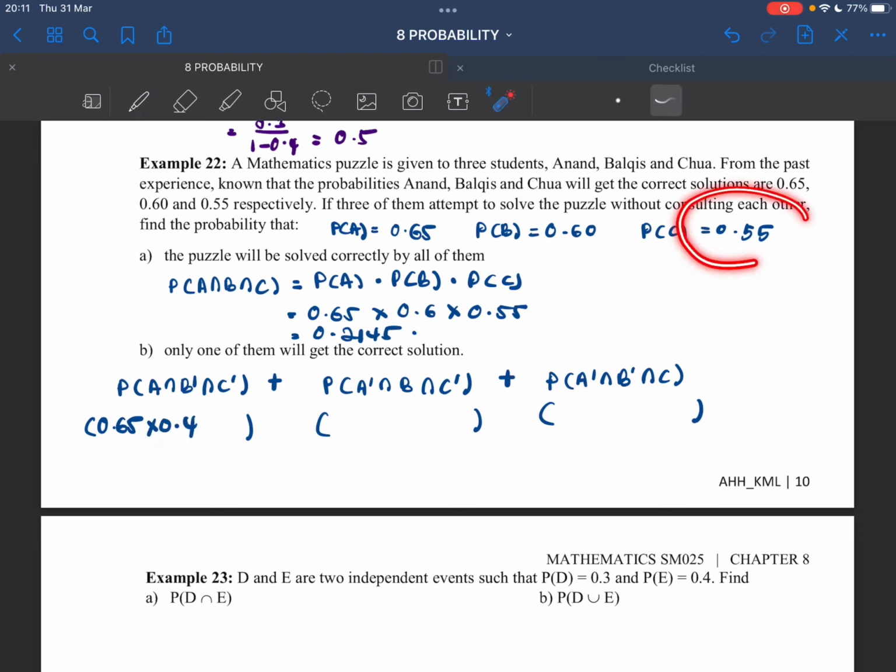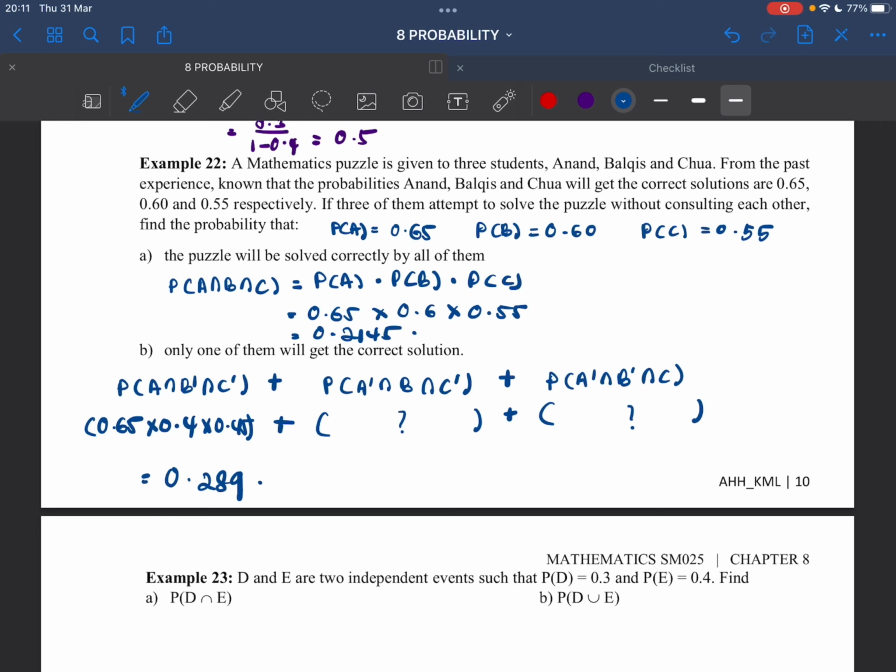This one is 0.55, and 1 minus 0.55 gives 0.45. Fill in everything here, and we add them, and you'll get your final answer, 0.289.